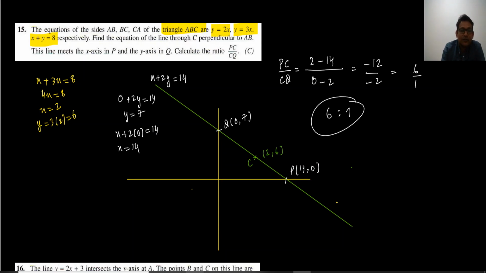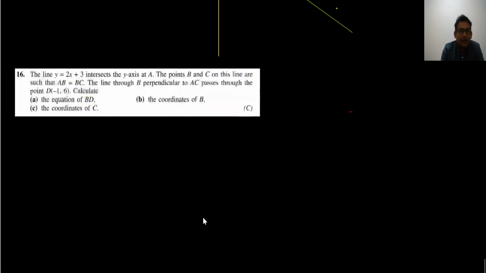The last question is question number 16. Let me check. The line intersects the y-axis. Again, the video is becoming very lengthy, so let me see if the question is not lengthy, then I'll explain. The line intersects at y, the y-axis, (0, y).